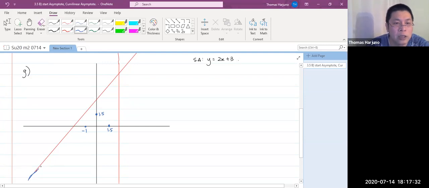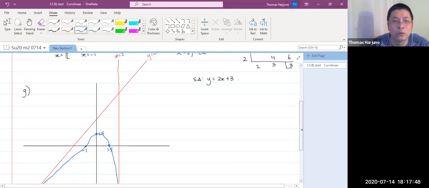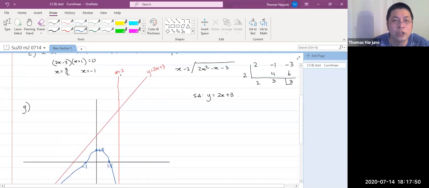I will say it's from below, and then it goes this way, down like this. Now, because the multiplicity of the critical number at x equals 2 is odd, it will change sign to positive infinity here, and then it will go this way.